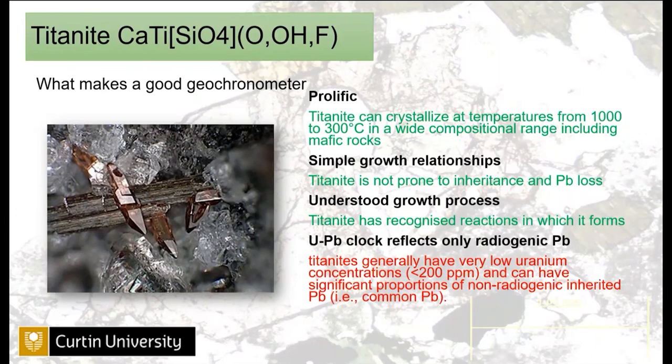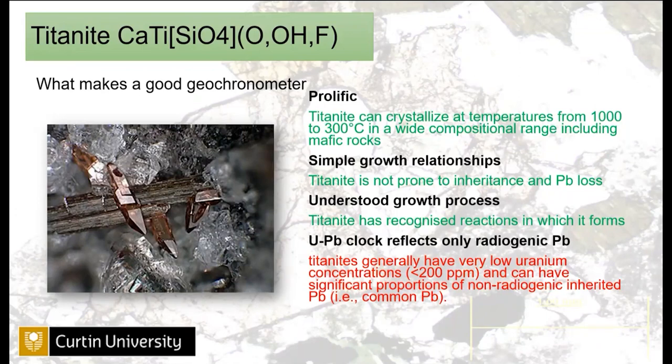Zircon is great because we've got this mass archive of crustal evolution of the planet, and that's helpful because we've got cores of grains that can be much older. But that kind of complicates things. It makes imaging really important for doing zircon geochronology, whereas with titanite, they don't seem to really be as prone to inheritance. They can have inheritance, but nowhere near as frequently as zircon.